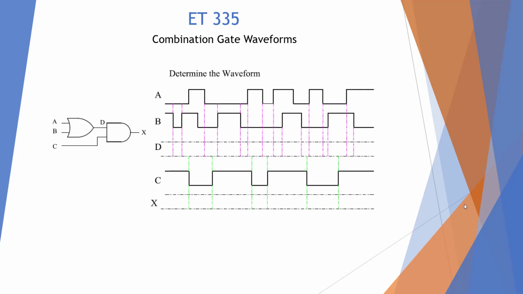Here we have a combinational gate waveform where we have an OR gate feeding into an AND, and we need to evaluate these two separately. So the first thing we're going to do is evaluate the OR gate. So the unique condition is 0, 0 equals 0, so we need to go through and highlight where there's zeros.